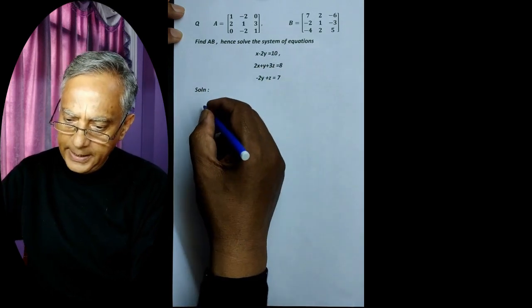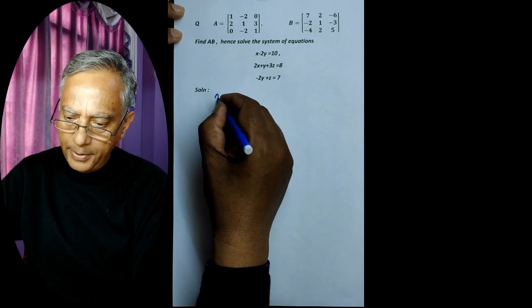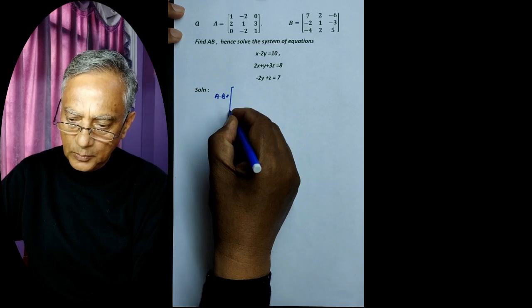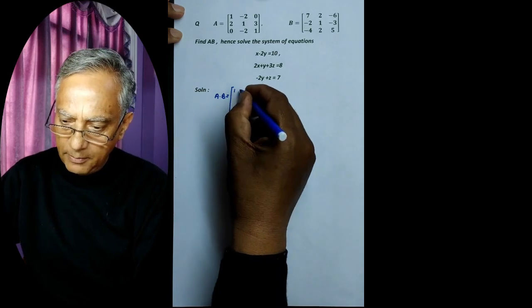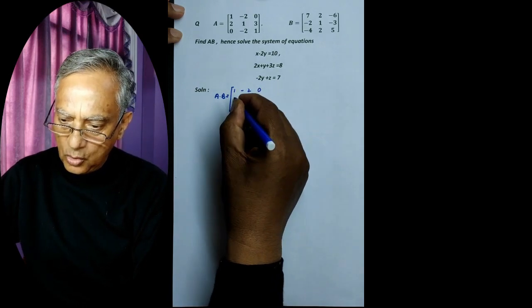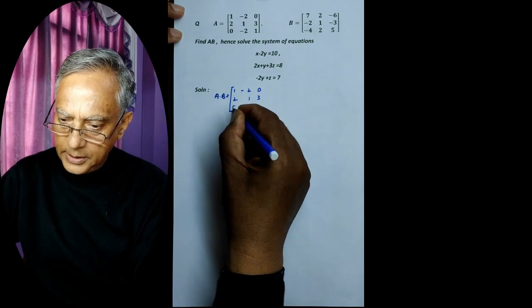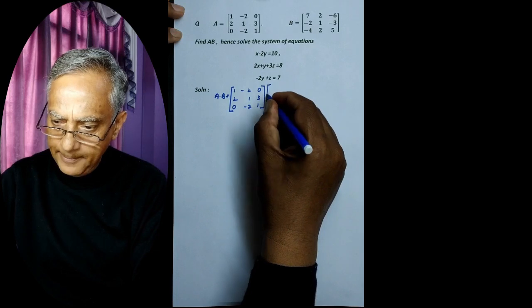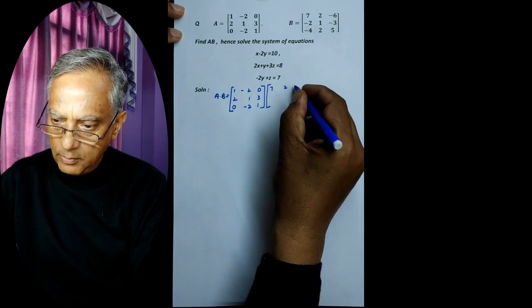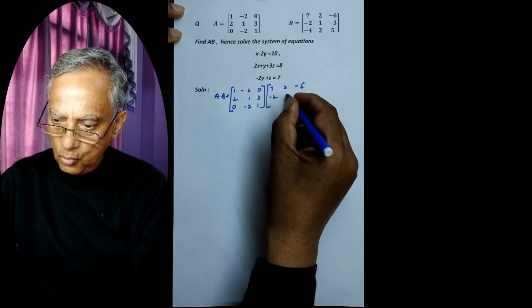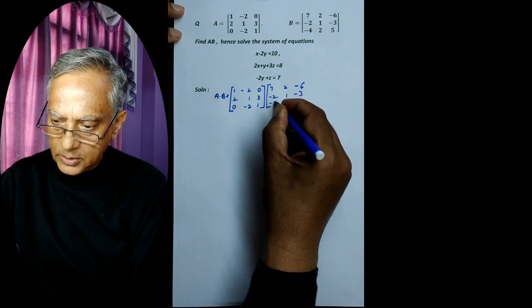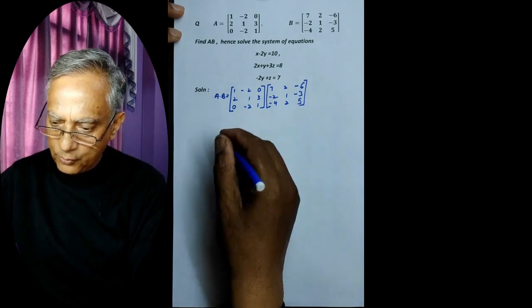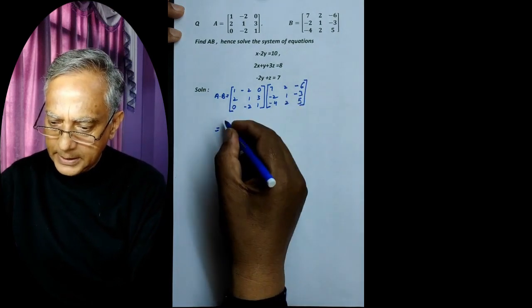So first we find A into B. A is [1 -2 0; 2 1 3; 0 -2 1], and B is [7 2 -6; -2 1 -3; -4 2 5]. We have to multiply these two matrices.